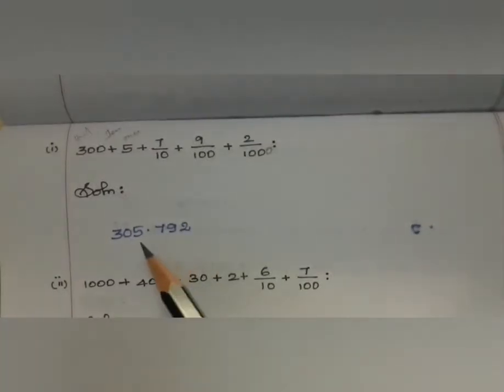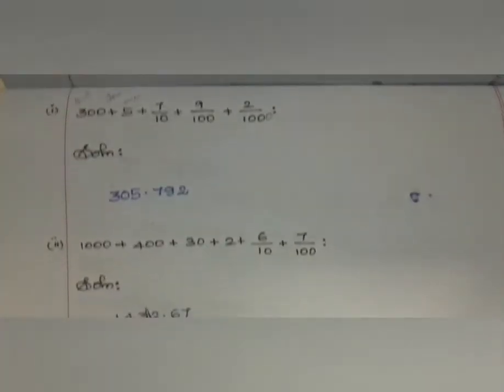So instead of tens we have to put 0. So 305.792. Because that is tenths, between ones and tenths we have to put the decimal point. Now I think you are clear with the content.